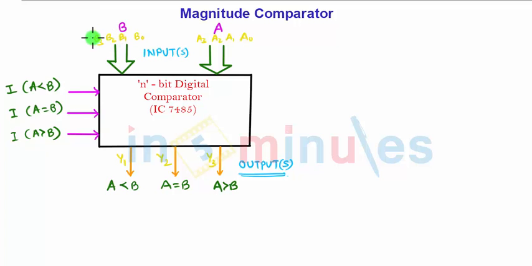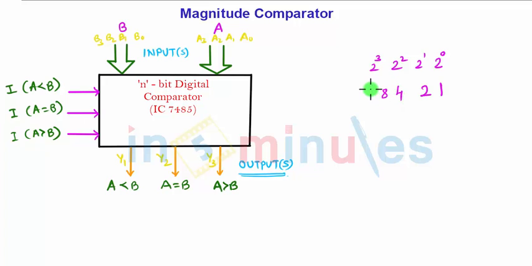So it is particularly a 4-bit binary number A and a 4-bit binary number B. Their magnitude is compared. Now what do we mean by magnitude? The bits A0, B0, A1, B1, A2, B2, A3, B3 correspond to the weights 2 raised to 0, 2 raised to 1, 2 raised to 2 and 2 raised to 3, that is nothing but 1, 2, 4, 8.